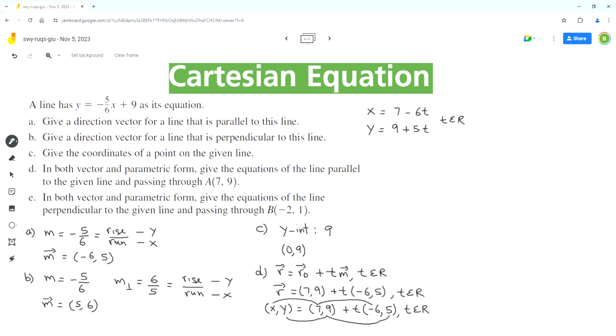Now we can answer part E. In both vector and parametric form, give the equations of the line perpendicular to the given line and passing through point B. So we'll start by writing the general equation of a line in vector form. This line passes through point B, so we can use this point for the position vector r0.